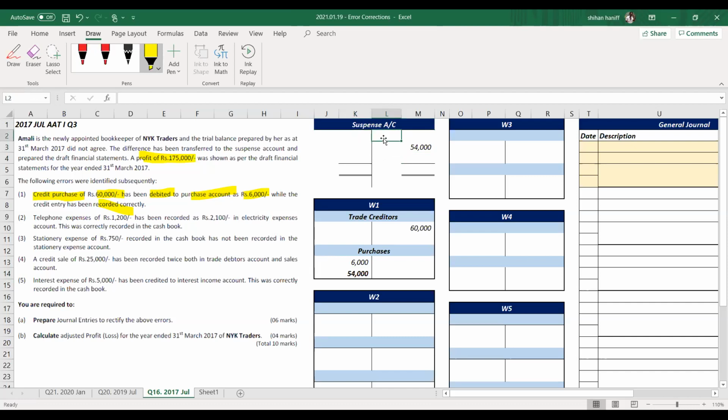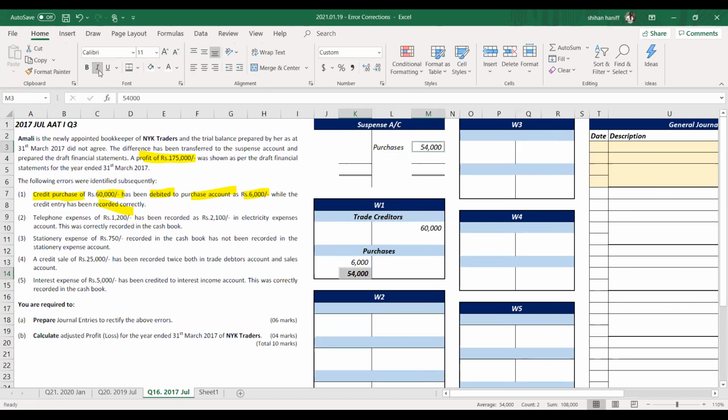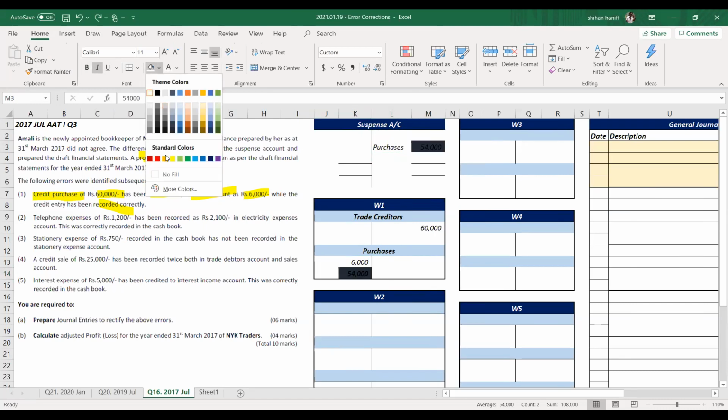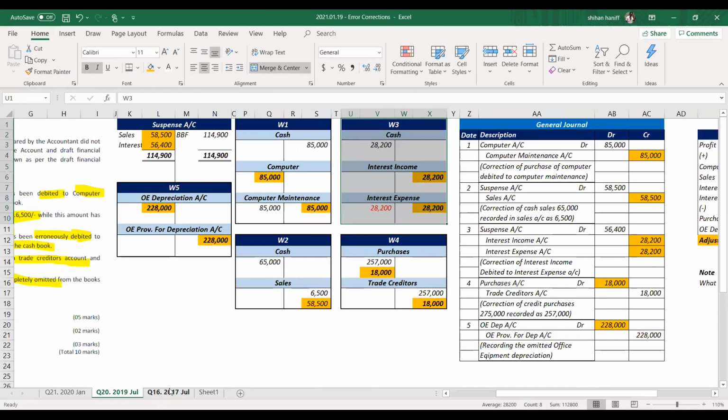You are going to find out the opening balance. So double entry will be purchases account debit, suspense account credit.